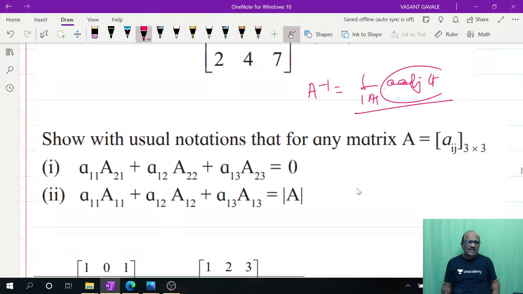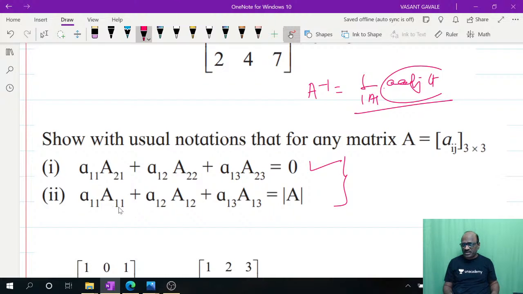Okay. This is also important. See this here. A11, A21, A12, A22, A13, A23. This type of question will be asked as a multiple choice question. Okay, you have to remember this. So that is equal to 0.